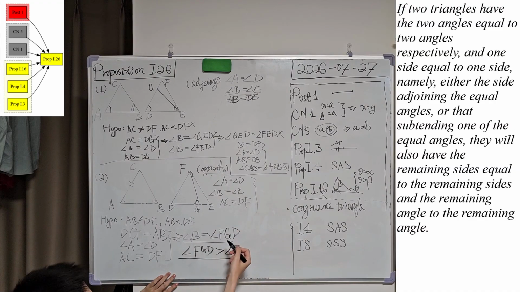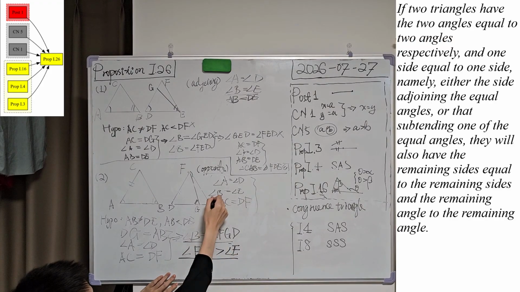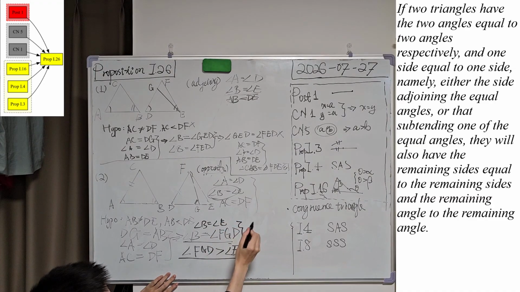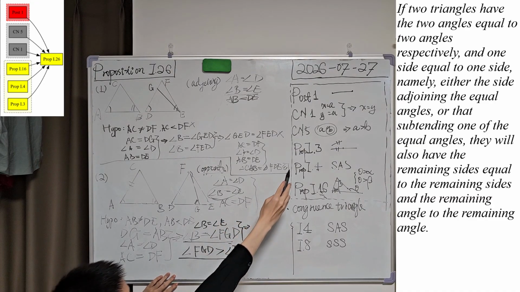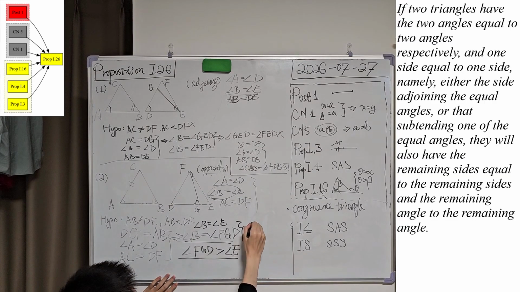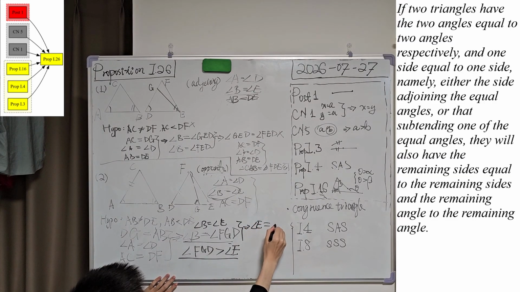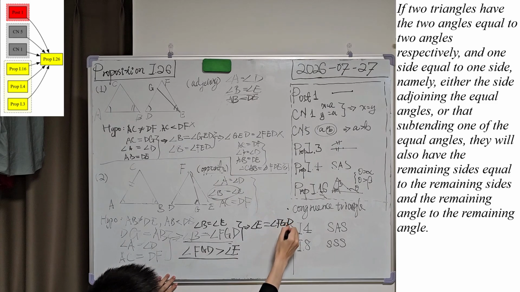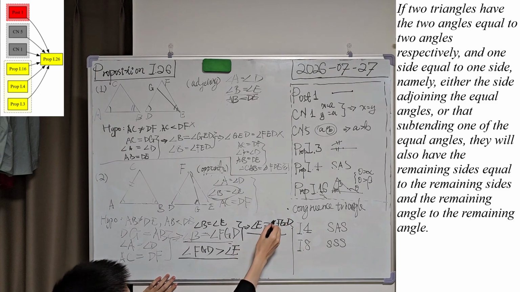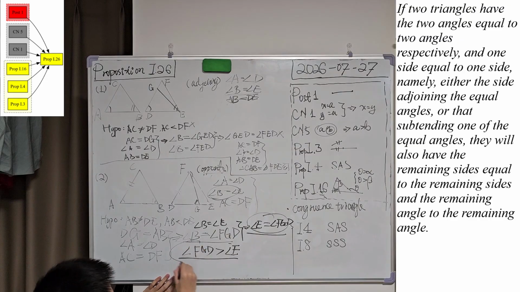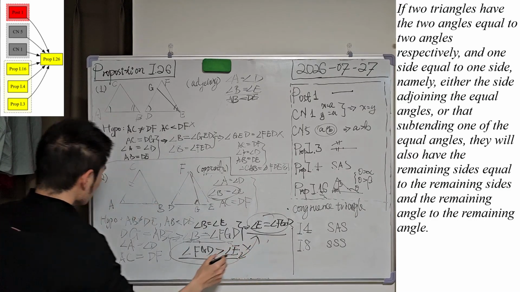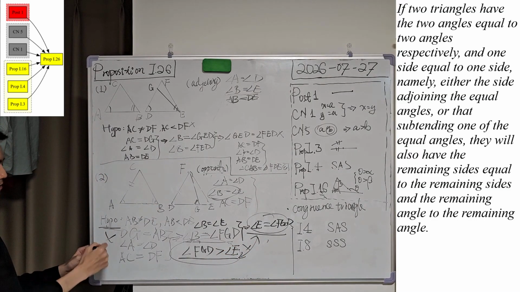If we combine this with the equality angle B equals angle E, then using common notion 1, angle E is equal to angle FGD. This equality and this inequality are absolutely contradictory to each other, which means our hypothesis is false.